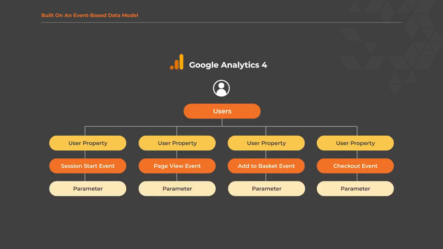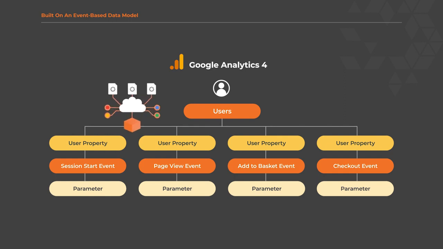In contrast, GA4's event-based unit of measure represents a fundamental data model difference compared to UA. The event-based tracking in GA4 offers greater flexibility and customization in measuring user interactions across organizations' online properties.